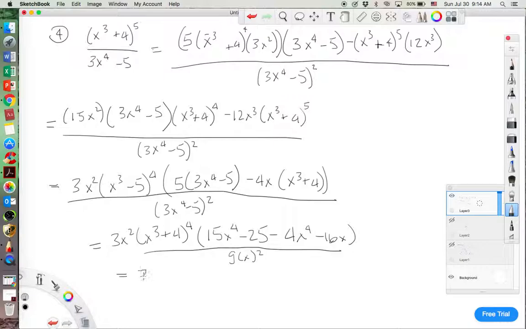Finally, we get 3x squared, times x cubed plus 4 raised to the 4th times 11x to the 4th minus 25 minus 16x, all over 3x to the 4th minus 5 quantity squared.